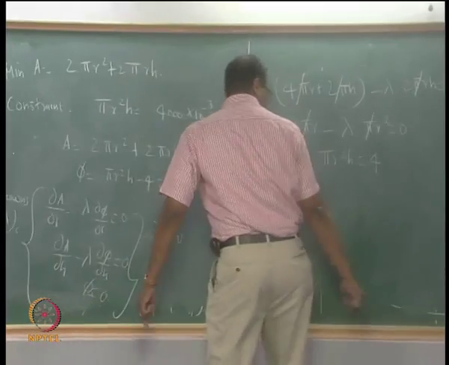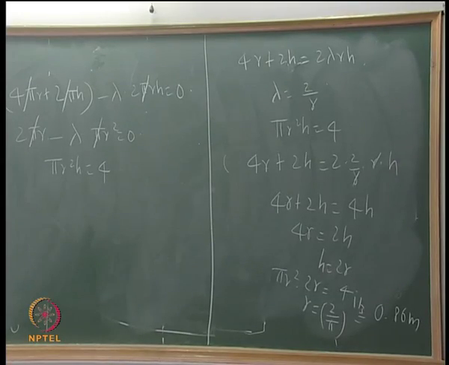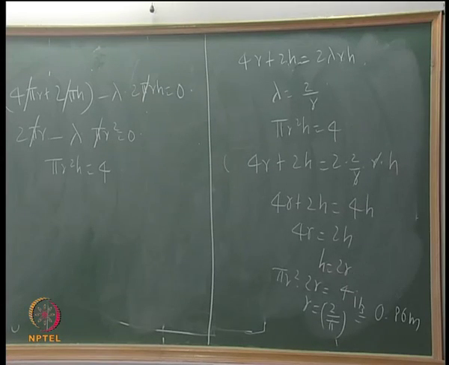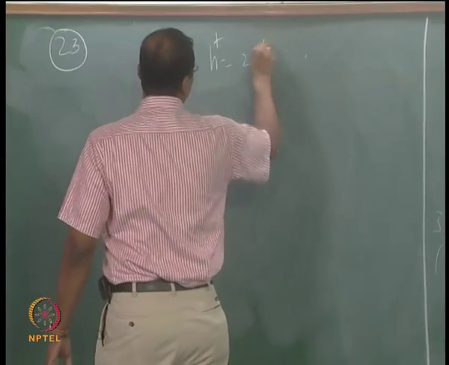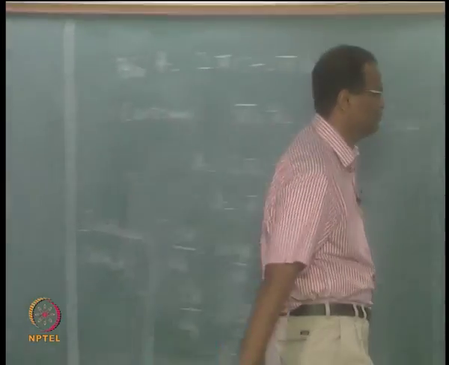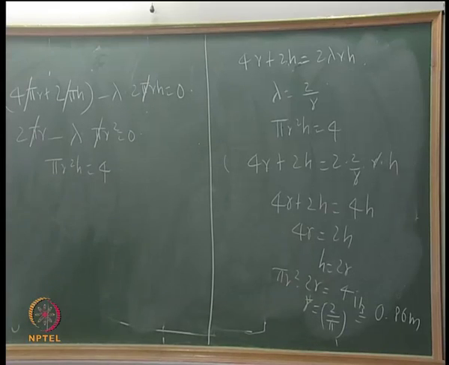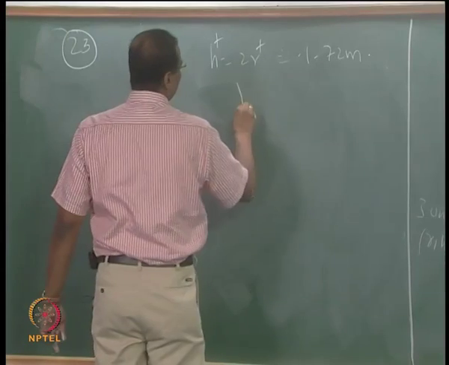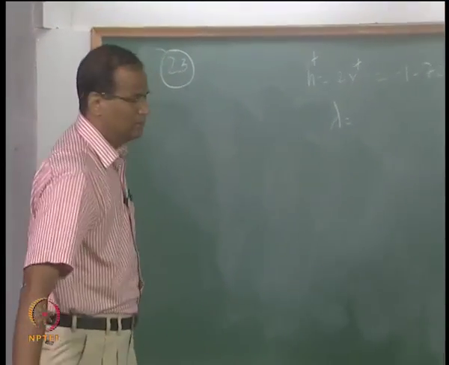Proceed. H equal to 2r. Oh, please put the plus. Lambda is 2.335.